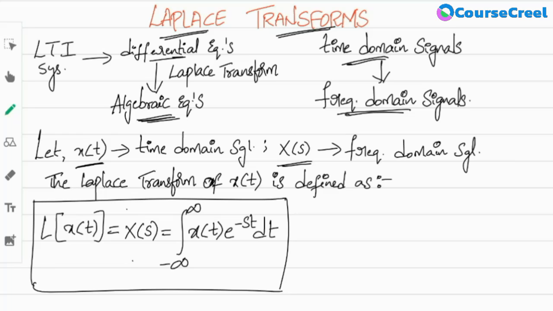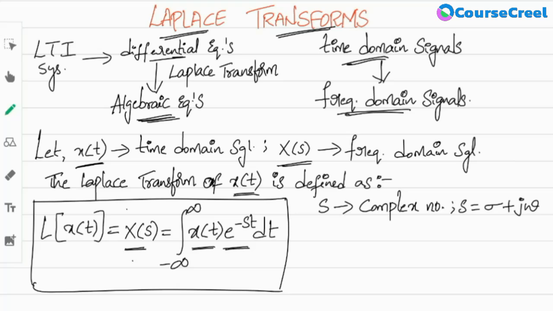In order to transform a given function of time x of t into its corresponding Laplace transform x of s, first we multiply the time domain signal x of t by the complex exponential signal e power minus st, where s is a complex number equal to sigma plus j omega.